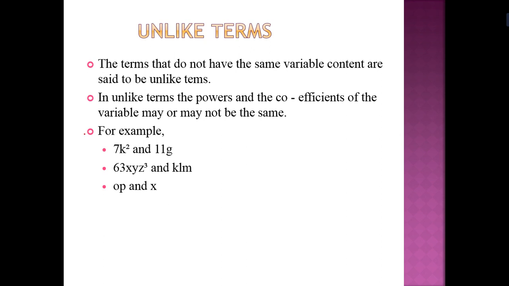Now unlike term. The terms that do not have the same variable, constant, are said to be unlike. Variable is not same. They are different. In unlike term, the power and the coefficient of the variable may or may not be same. The power can be same, but variable is not same. x square and 8y square. So we can say unlike term.